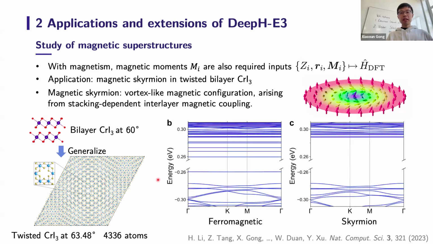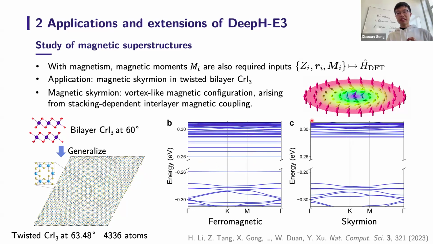And this is our theoretical prediction. If we ignore the vortex structure in the Moiré structure of the twisted CrI3, we get a ferromagnetic coupling, and then we have a DFT band structure that looks like this.